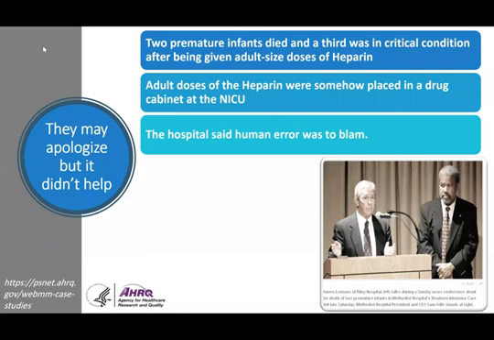What you see in the photo here is the CEO of a very famous hospital chain, the Methodist hospital chain in the United States, giving a press conference and apologizing because many newborns died in the neonatal ICU of this top-of-the-line, JCI accredited hospital.